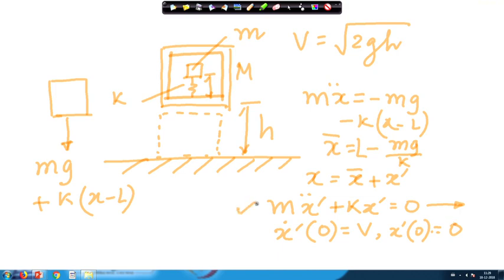So this becomes the equation of motion of a single degree of freedom vibrating system with a mass m and stiffness k, and this is the free vibration problem with the initial velocity v and displacement 0.